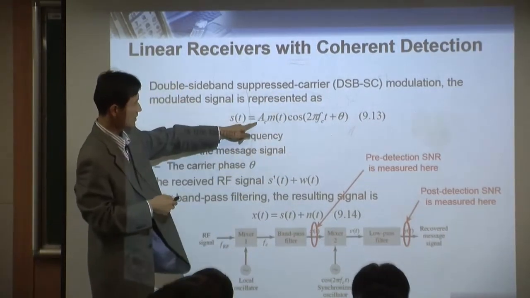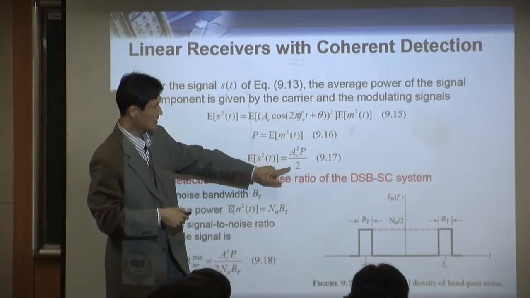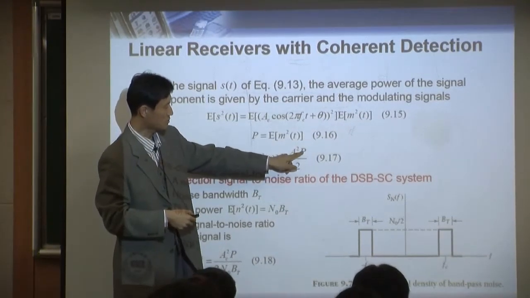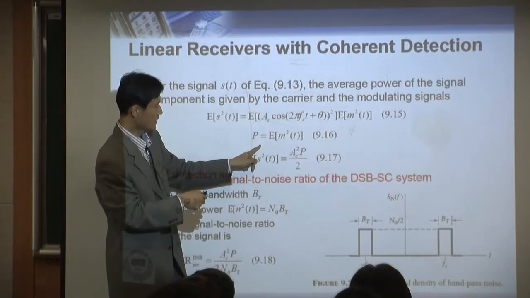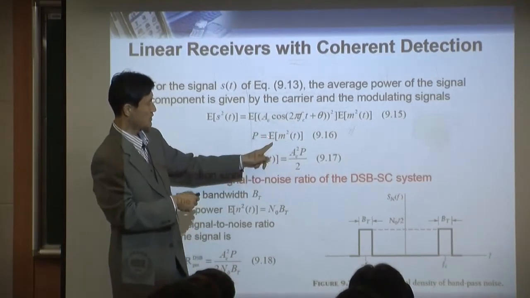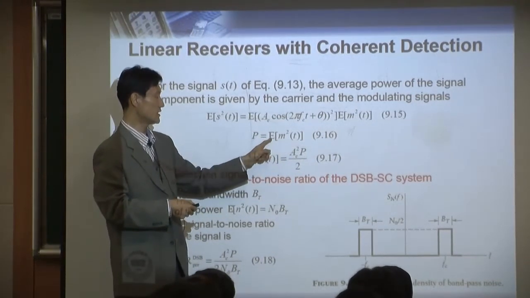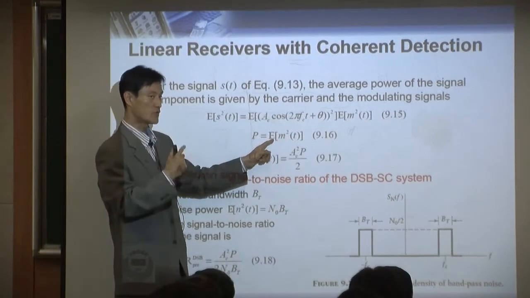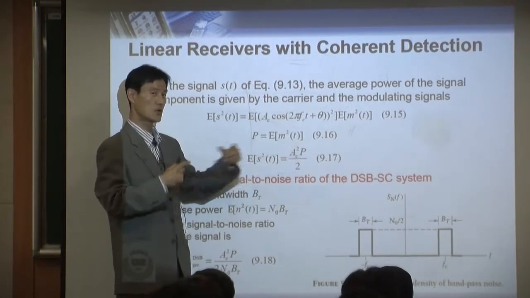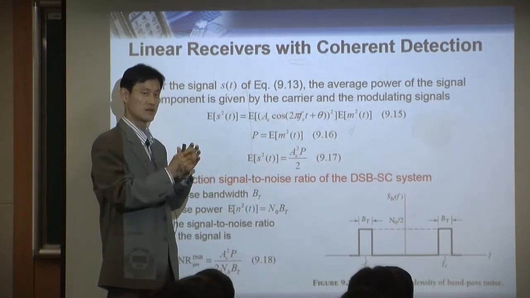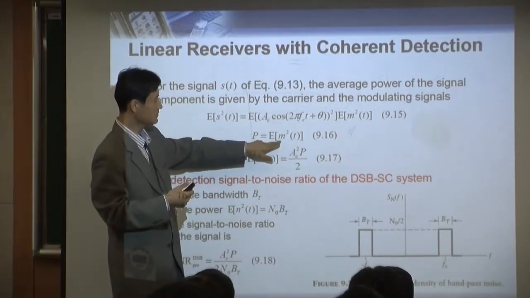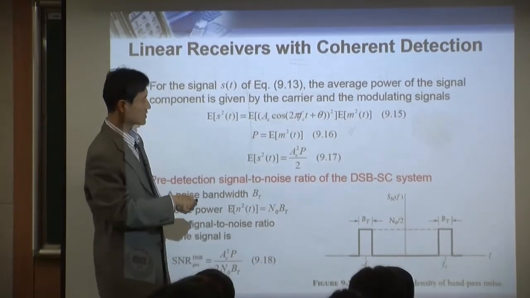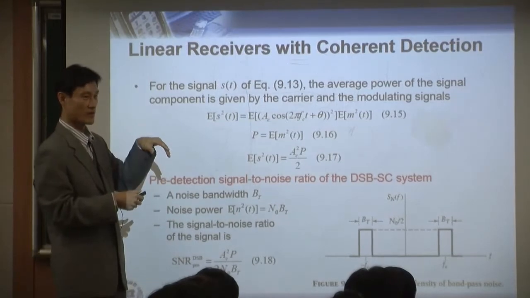So eventually, the output you're going to get is Ac squared times P, divided by 2. And this P is the average power of your original message. Your original message has some power, that's P. So this is the signal power over the air.